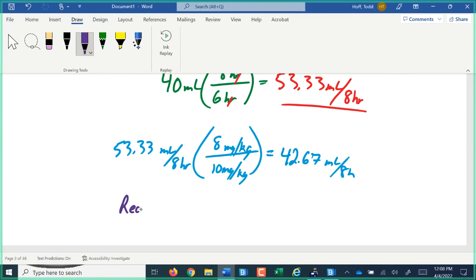So our recommended range here is 42.67 to 53.33 milliliters every 8 hours.